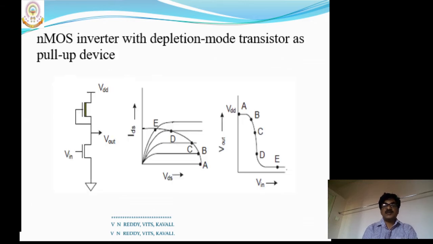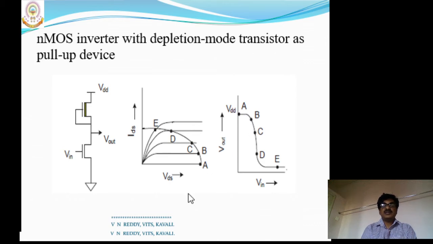Off state means acts as an open circuit. So the output is an open circuited voltage, the maximum voltage you can observe, almost equal to VDD.